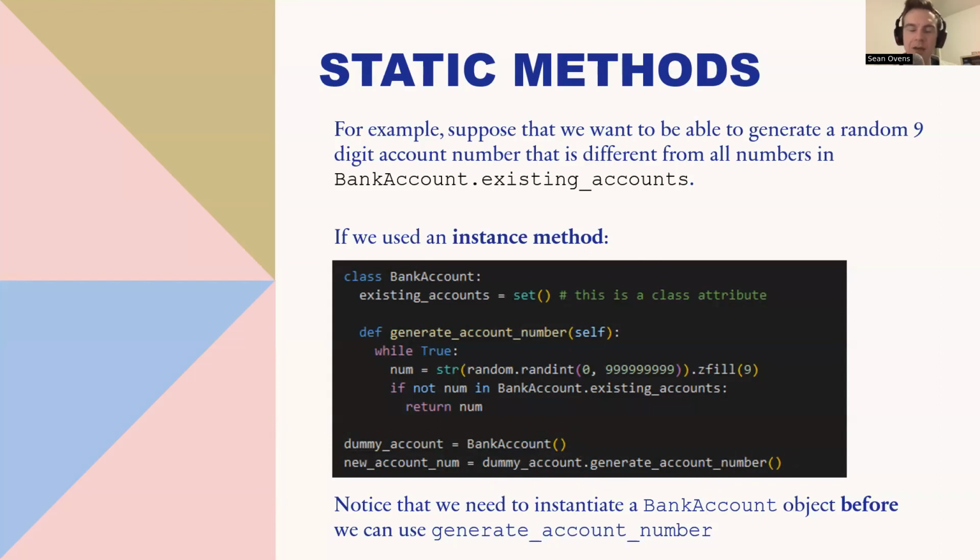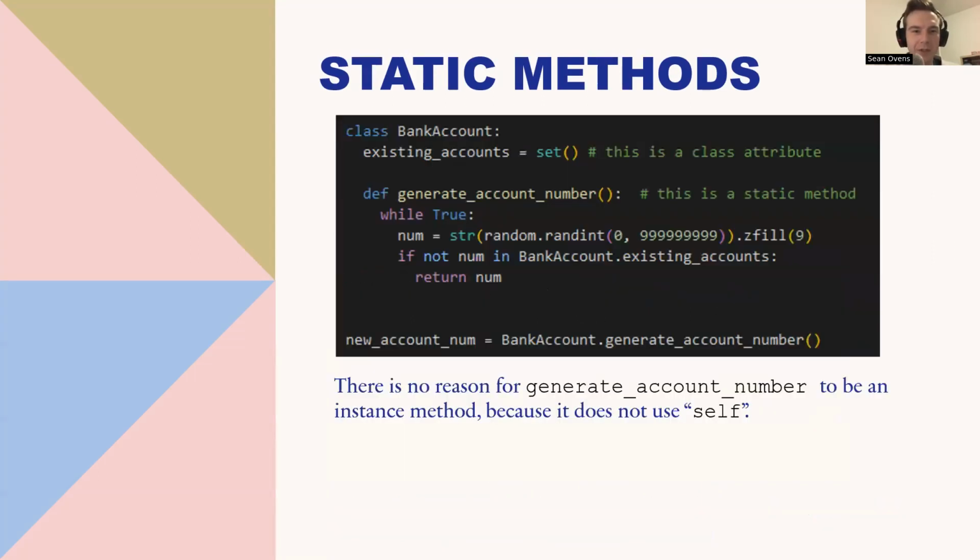But this doesn't really make much sense. Generate account number doesn't depend on any instance of class bank account. I should be able to call this method regardless of whether I have any bank accounts in scope or not. So to get around this, we can use a static method.